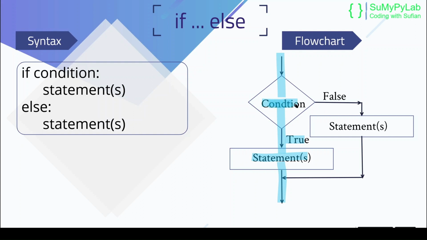And if the condition is false, then the control of the program branches this way and reaches this block of code, and these codes are executed. And after execution of this code, the control of the program reaches the immediate next statement after the if-else construct. This way, for both the false and true parts, a different set of codes or statements is executed.